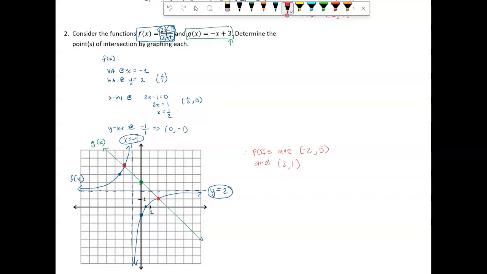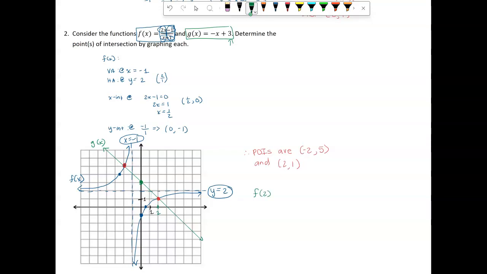So just make sure, this one we can tell because we had the mirror image. If you aren't sure if this was actually on the integer, you can always plug it in. I know for sure that the g of x happens here at 2, right? Because of the integer slope. So if I'm not sure, I can always check to see if it actually fits into my rational equation.